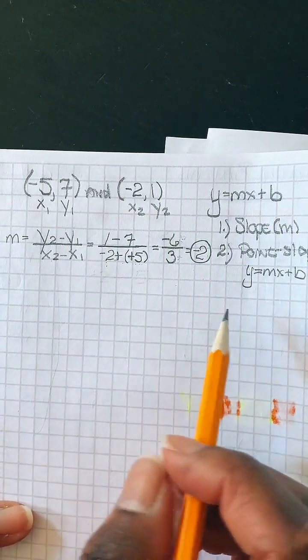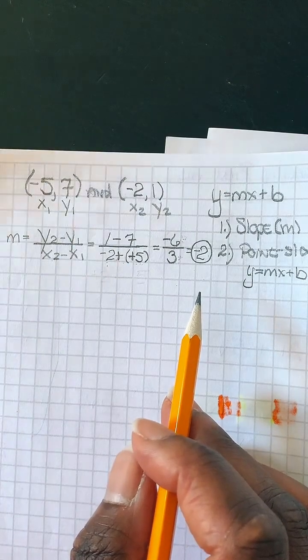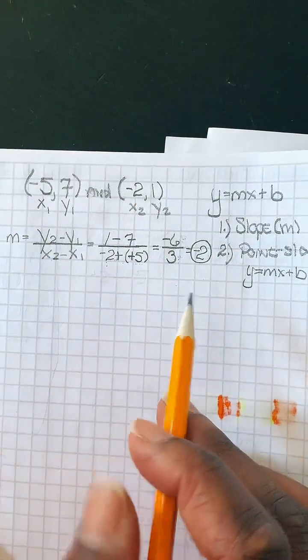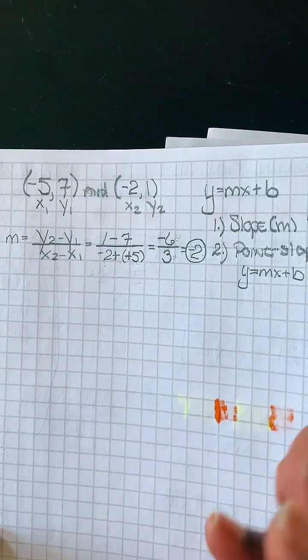All right, so now we're not done. Lisa's like, wait, this is not the equation. I was like, I know, we're getting to it. So that's the slope. Now we need the equation.